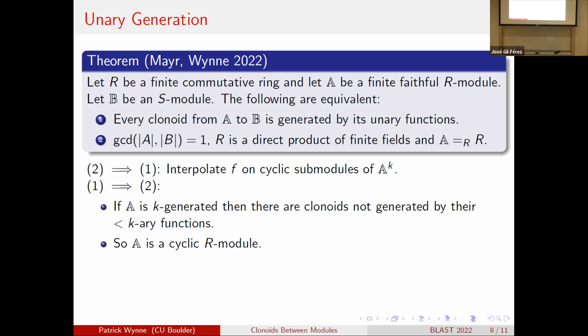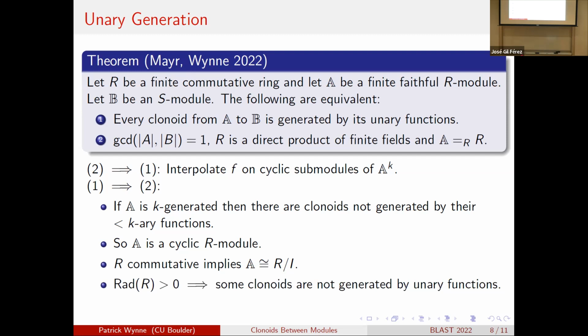So the first reduction is that A has to be cyclic. And since R is commutative, we just get that A is essentially R mod the annihilator. Now if the Jacobson radical of the ring is non-zero, then again we can construct clonoids that agree on their unary part, but now on their binary part they disagree. And so in particular, that means that even for the regular module R sub R here, the clonoids cannot be generated by their unary functions.